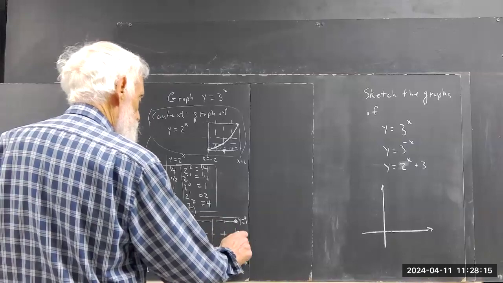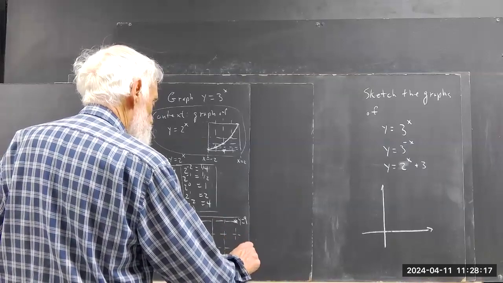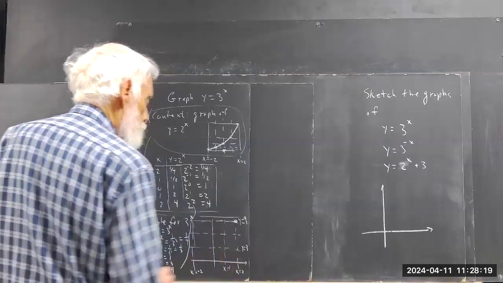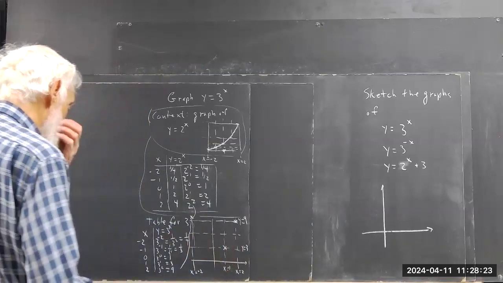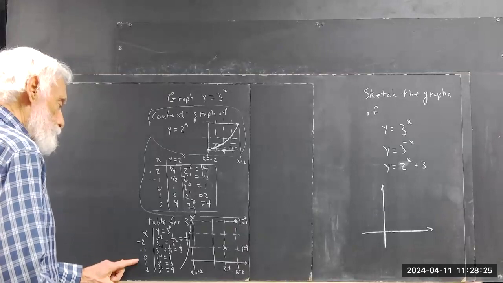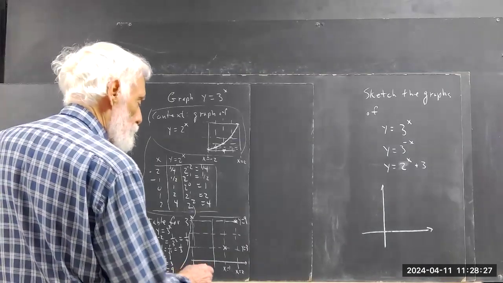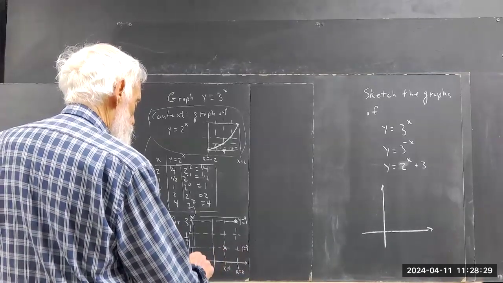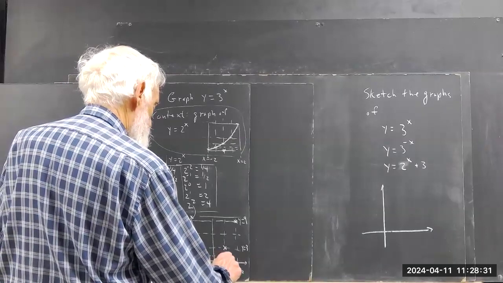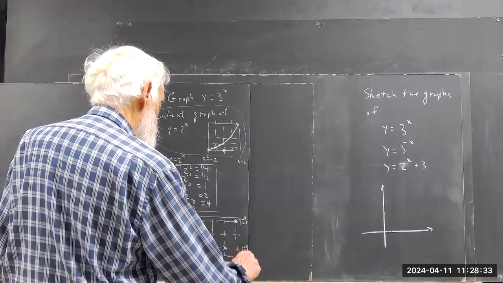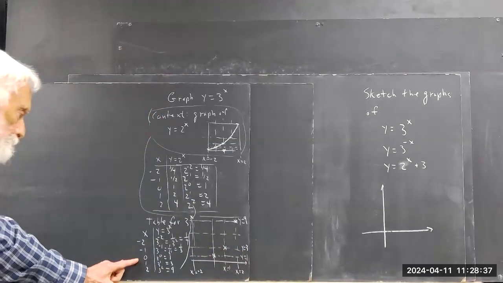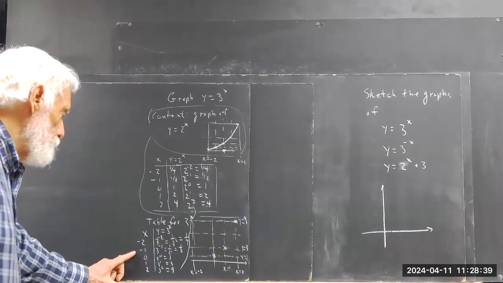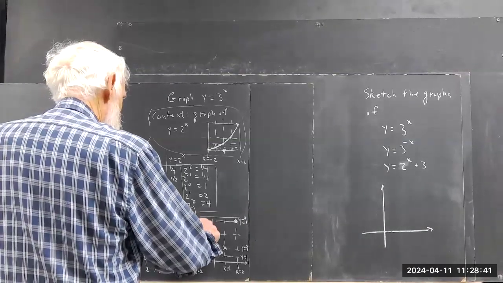You can space lines here. So you get y equals 3 at this point. So x equals 1, y equals 3 is there. X equals 0, you get y equals 1. Where's 1? 3 is here, and 1 is down about here. You get this point. When x equals -1, y is 1/3.